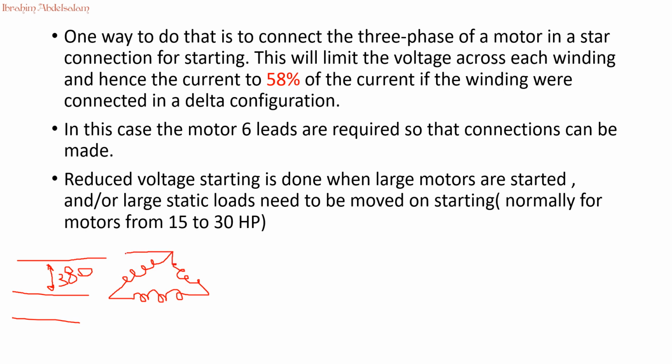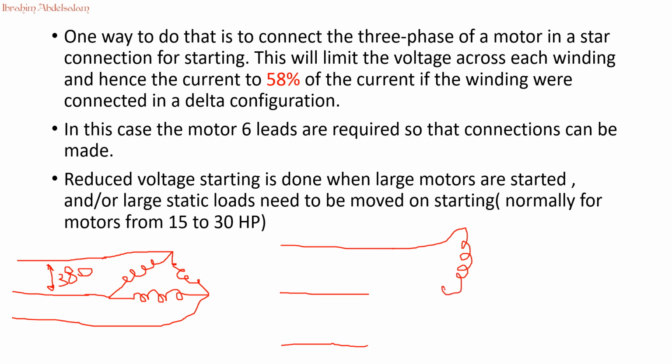If our motor is connected in delta, in the other case, our motor will be supplied by the same three-phase line, but the motor winding is connected in star. Same thing, the line voltage here is 380 volt. Let's see what happened.